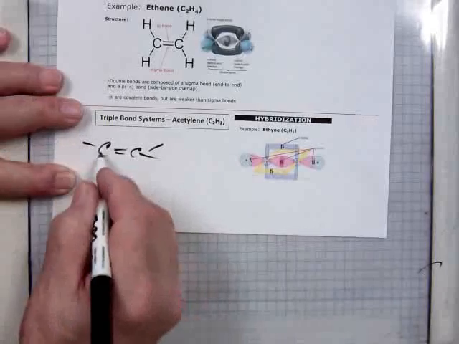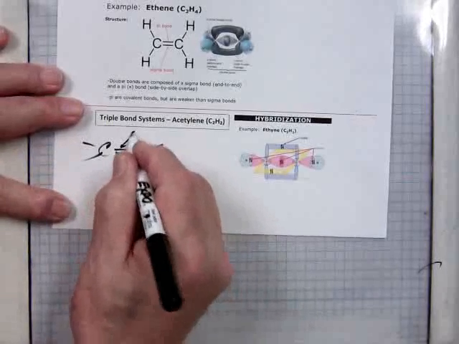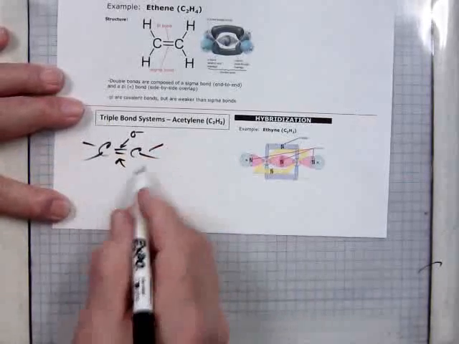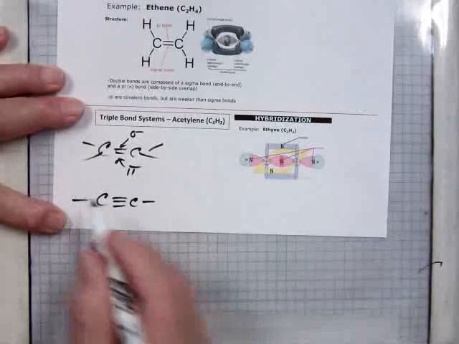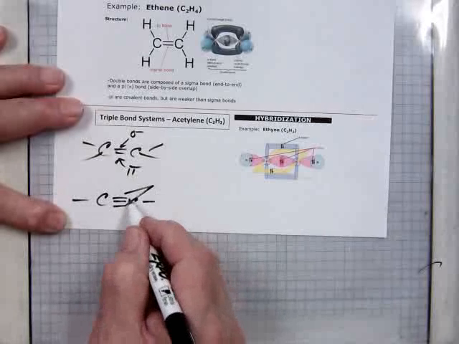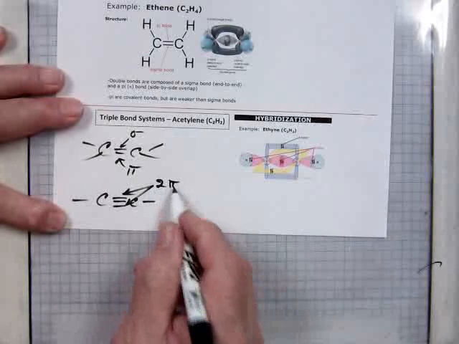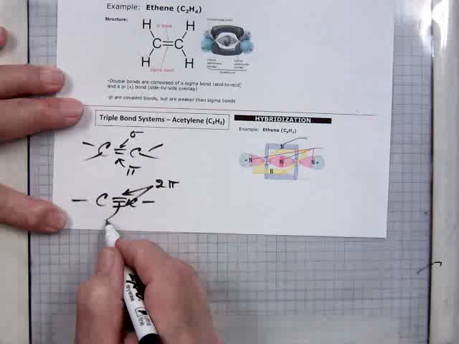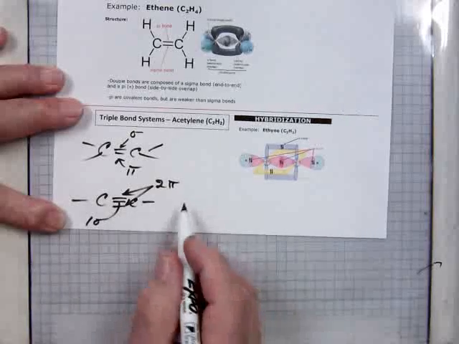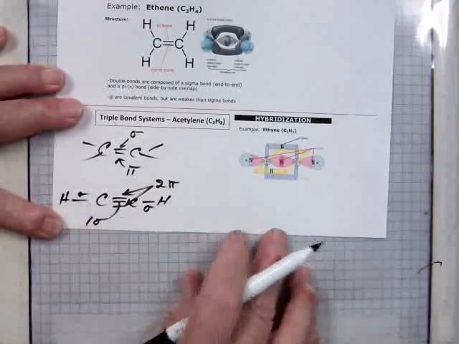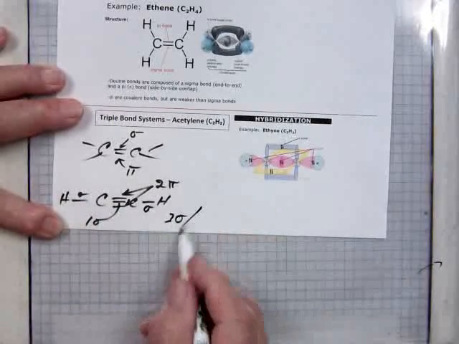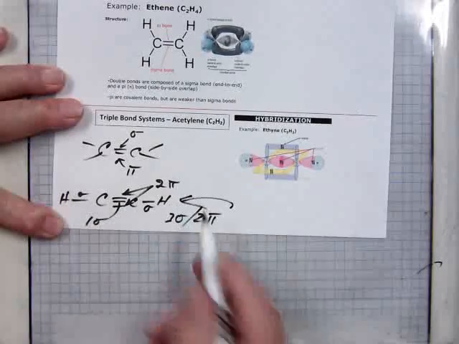Let me show you this. One of these is a sigma, but the other in there is a pi bond. But when you go to acetylene, like this, you have two pi bonds, and then you have one sigma between the carbons, and of course those are sigmas and sigmas. So you have three sigmas and two pi bonds in acetylene.